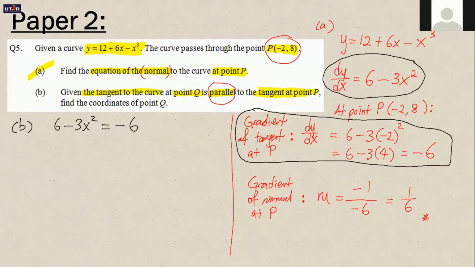So solve this equation. What do we have? 3x squared will equal to 6 plus 6, 12. So x squared will equal to 4. So x is equal to plus minus 2. So the x value is plus minus 2. Which one is the x coordinate of point Q?